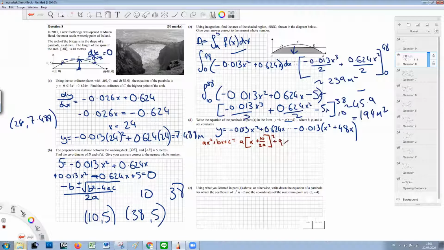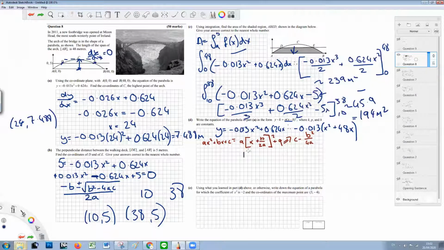And q is essentially c minus b squared over 4a. So you use this equation when you're not really sure how to break these down, and this is an example of completing the square.